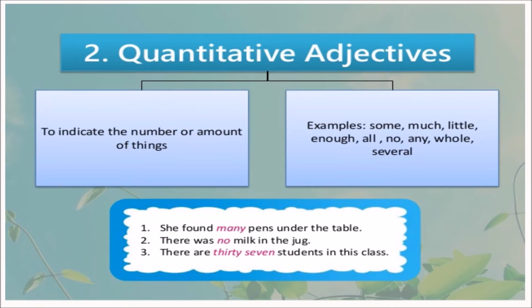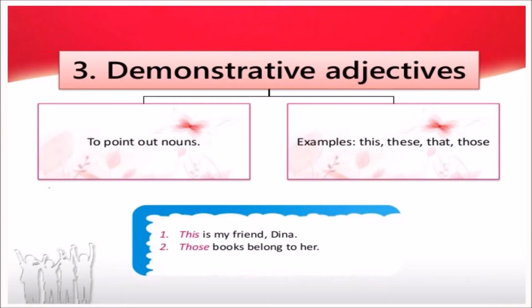Example sentences: she found many pens under the table. There is no milk in the jug. There are 37 students in this class. So here, many, no, 37 are quantitative adjectives.